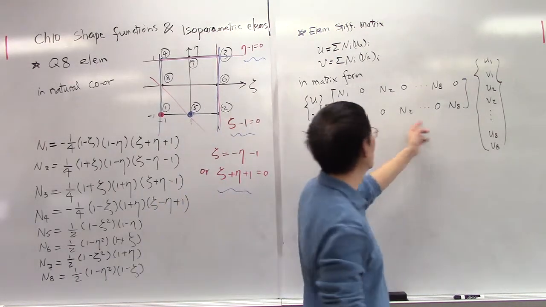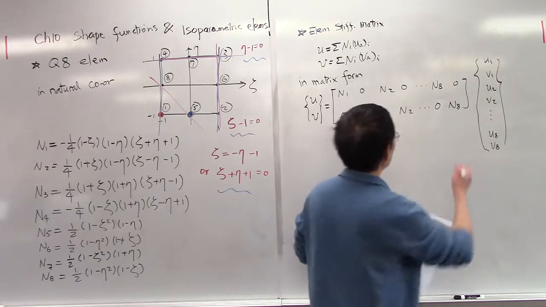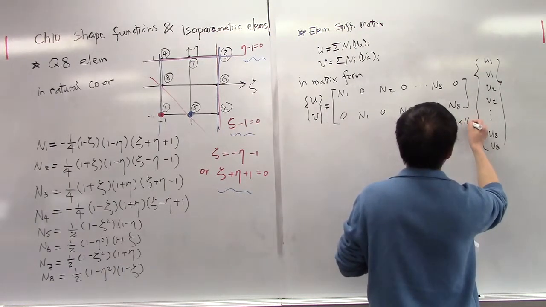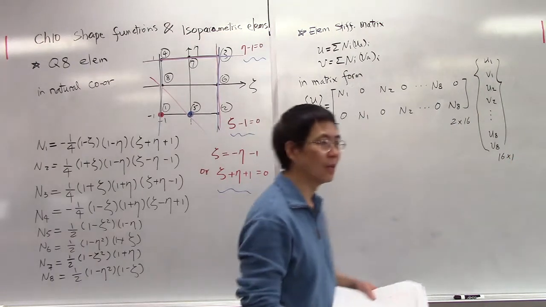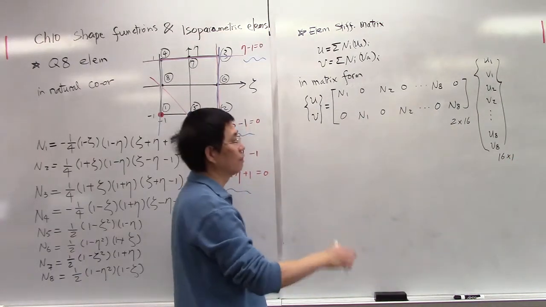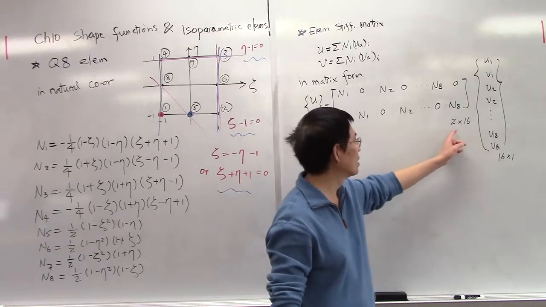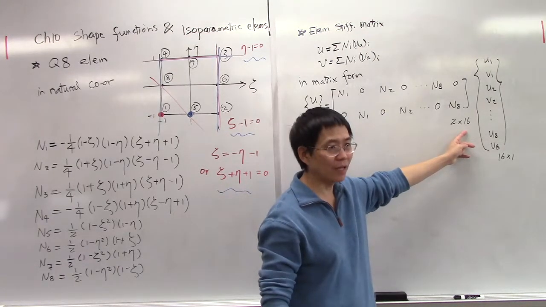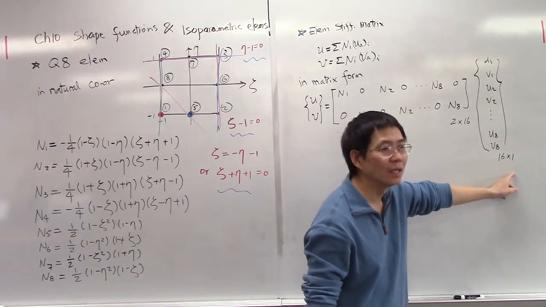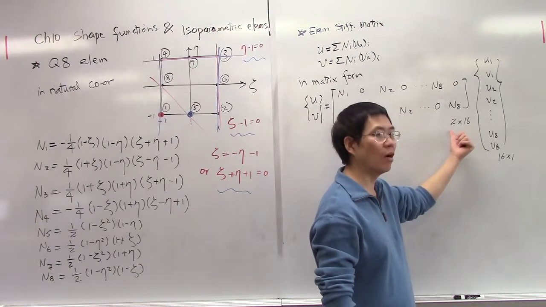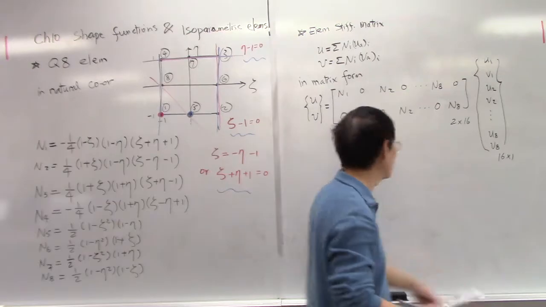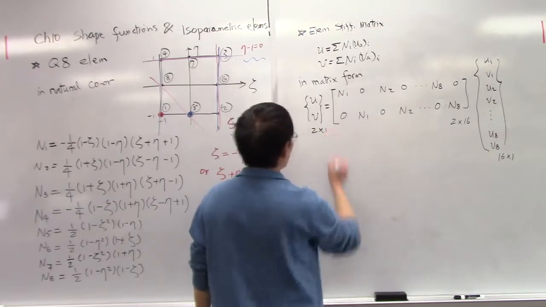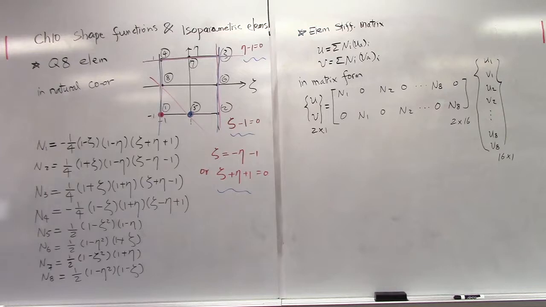It is 2 by 16, and this is 16 by 1. When you have a matrix that is 2 by 16 times a vector that is 16 by 1, the row will be determined by the first number and the column by the last number. So at the end, this is 2 by 1. So it is consistent, okay?